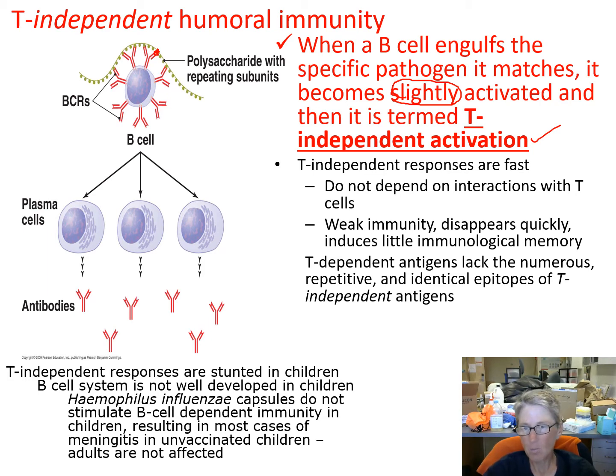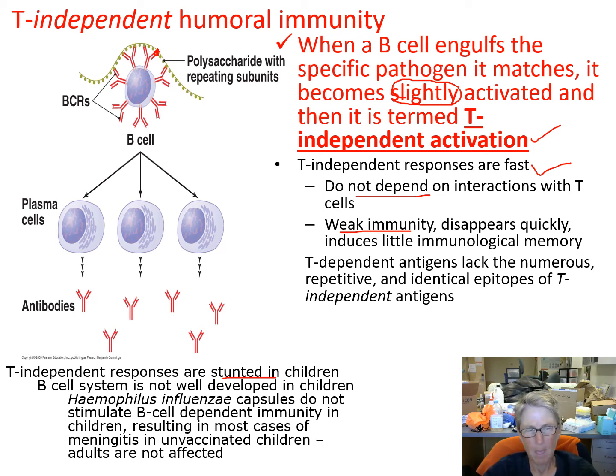So T-independent responses are really fast. You don't depend on T cells. It gives you weak immunity, however, so the antibodies disappear quickly. And then it just gives you some factoids down here. T-independent responses are stunted in children, so they don't have their immune system fully developed.